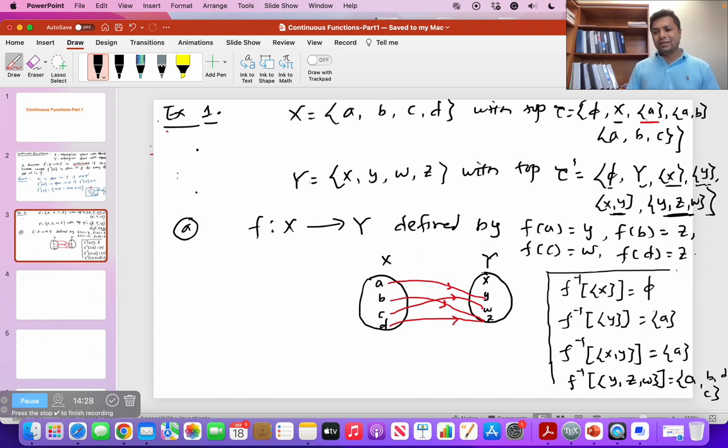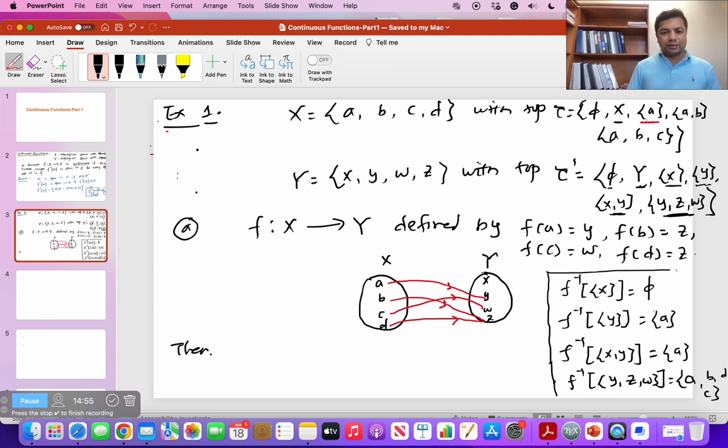So we found the inverse image of each one is an element in tau, and then we can take the inverse image of the whole space Y, which is obviously going to be the whole set X. So for this function, the inverse image of each element of tau prime is an element in tau. That means this function f is continuous.